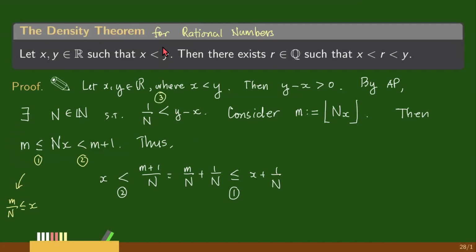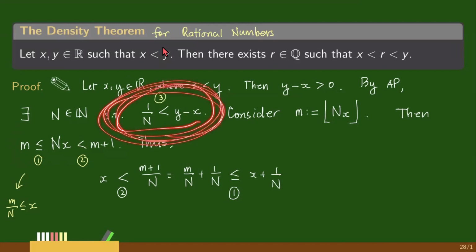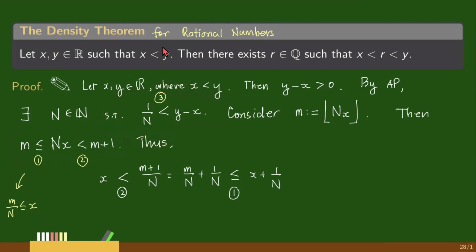Nakikita niyo inequality 3. Yung 1 over N, mas maliit sa Y minus X. So, I can write here less than Y minus X. Anong ginawa ko? 1 over N was replaced by Y minus X, and that resulted to Y. Oh my gosh, this is something nice. Why is this nice?